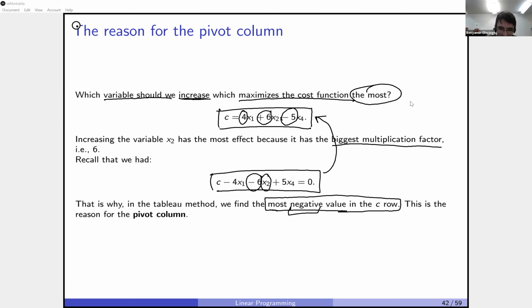You get it, right? We will have a loop over these iterations, and in each iteration you take the biggest negative value in the cost row, and then you take the pivot column. You will do the min test. So it's a procedure in a while loop, where your termination condition will be when all of the values in the cost row are non-negative, and then you will return the value.